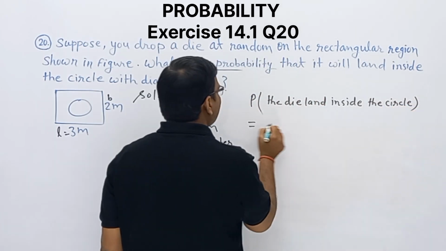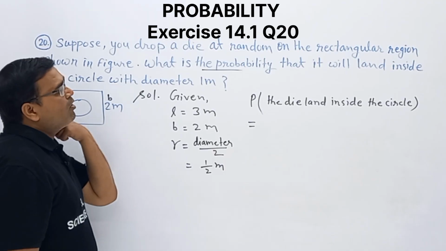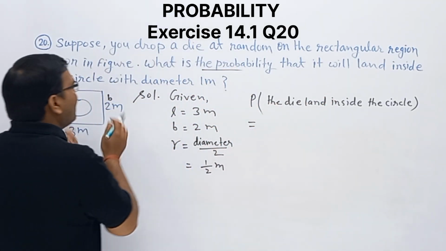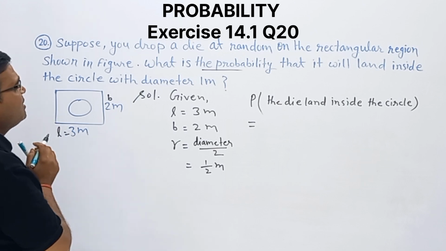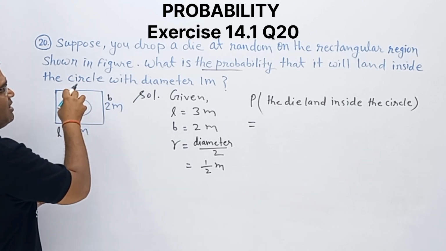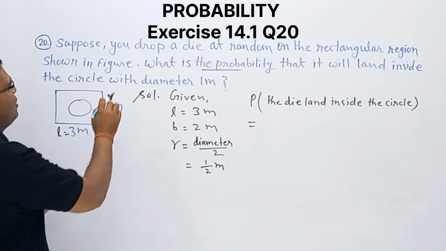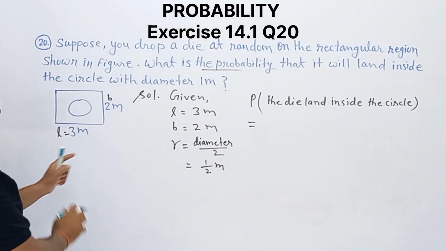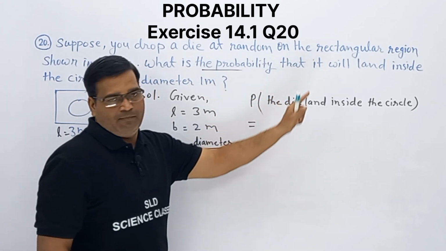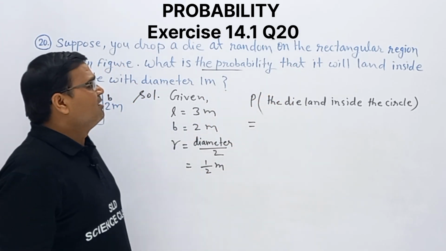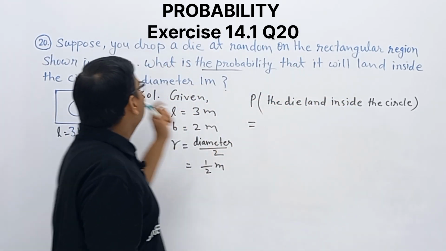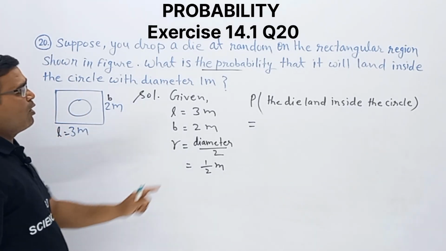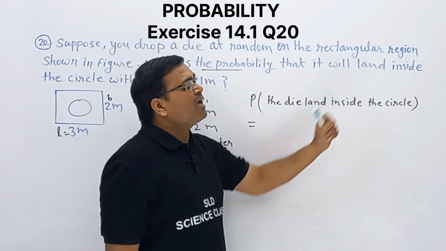We are dropping a die, and we want the probability of the die landing inside this circle. You drop a die at random on the rectangular region, and we want the probability that the die will land inside the circle.